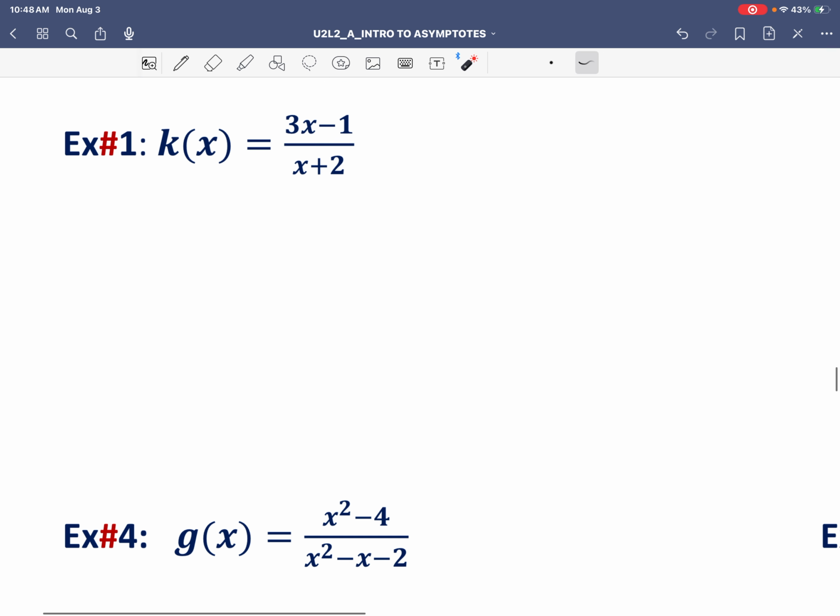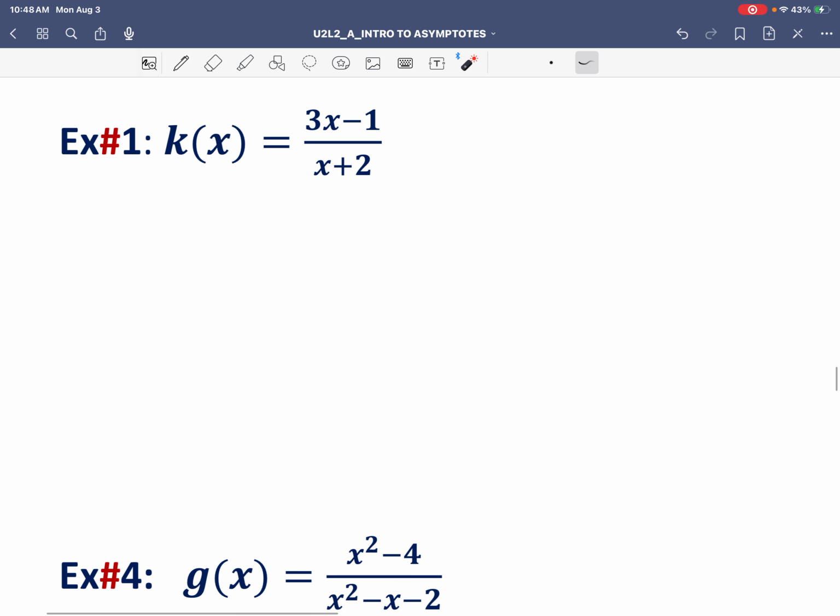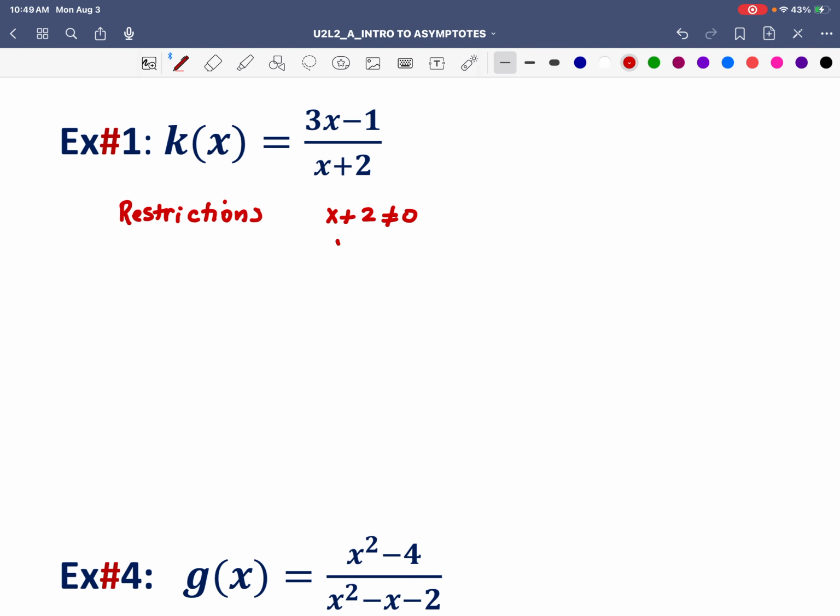So we're going to start with example 1, 3x minus 1 over x plus 2. Check to see if you can factor. Nothing factorable in here, so we're going to jump to restrictions. Now remember that the restrictions are always hiding in the denominator. So we're going to say x plus 2 cannot equal 0, which means x cannot equal negative 2.